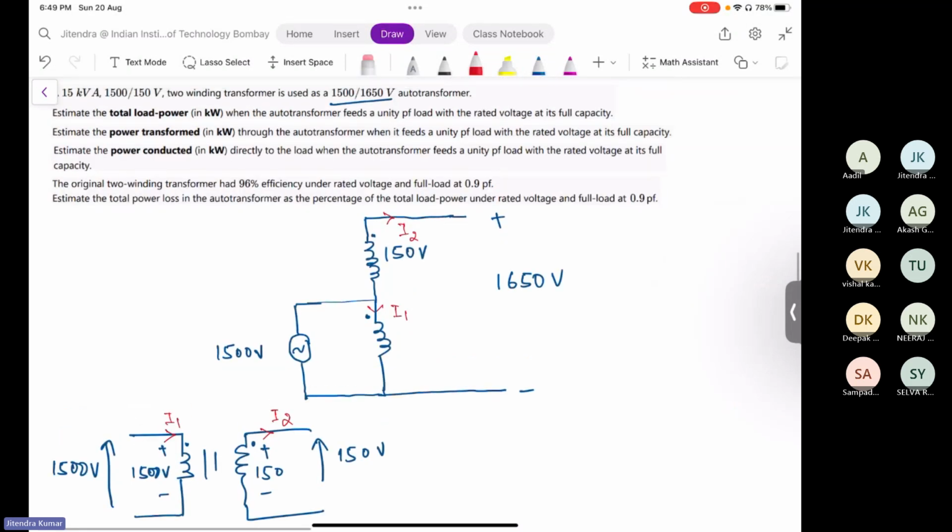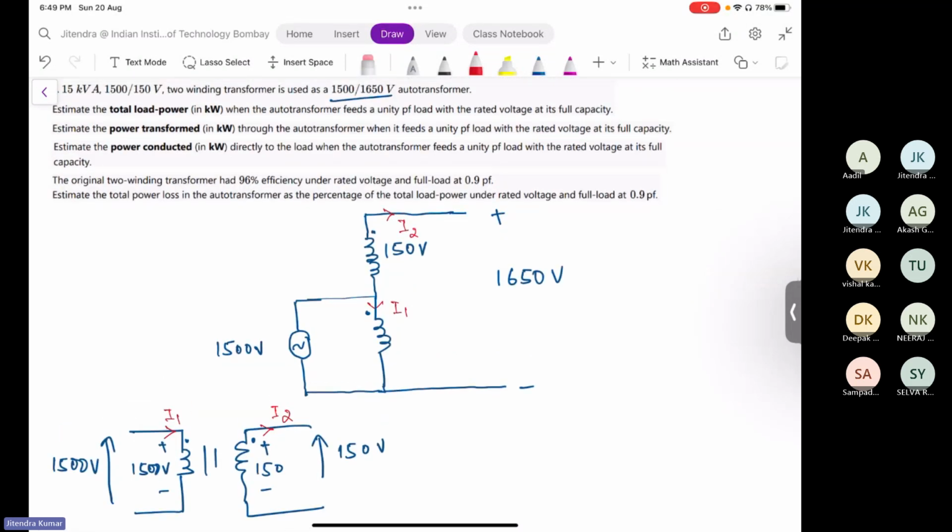Similarly, this winding we are directly replacing here, and just this winding is relocated here. So it should leave this dot polarity. If nothing is given, you have to assume it as additive polarity, so that both voltages get added.